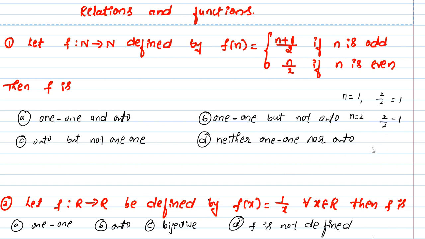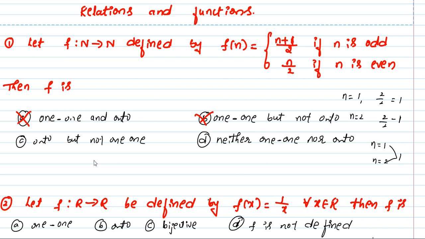So that means n equal to 1 and n equal to 2 have the same image, 1. That means it is not a one-to-one function. So in our options we can't choose A and B. Okay, so we'll check the next condition.